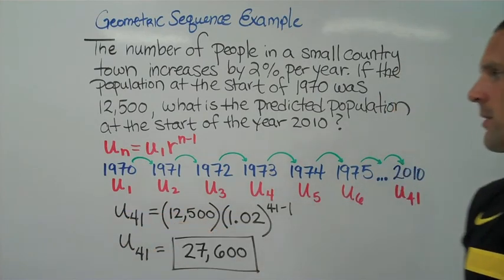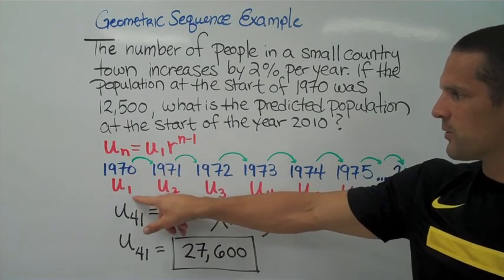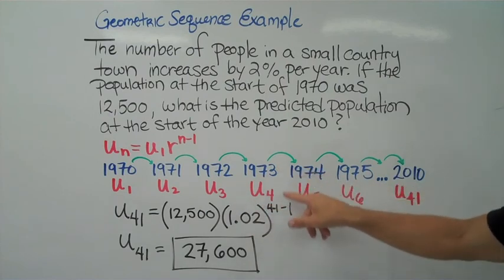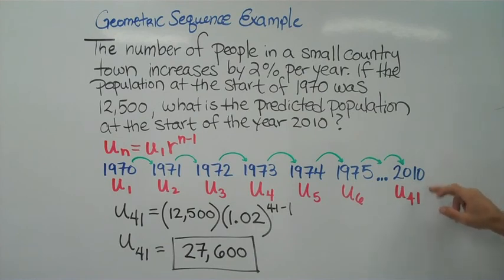U to the what? Well, if we start at the beginning of 1970, 1970 is U1, 1971 is U2, 1972 is U3, 1973 is U4, 1974 is U5, 1975 is U6, and so on, all the way down into 2010, which will be U41.